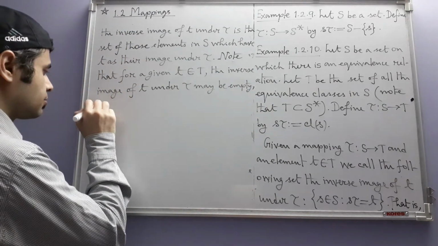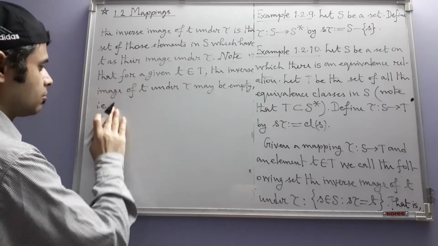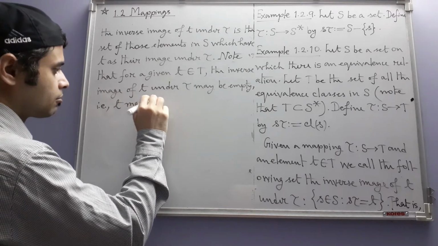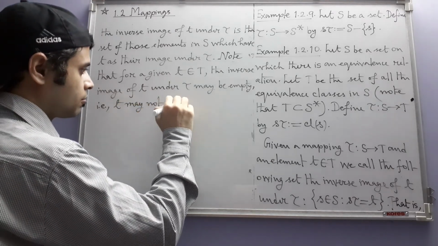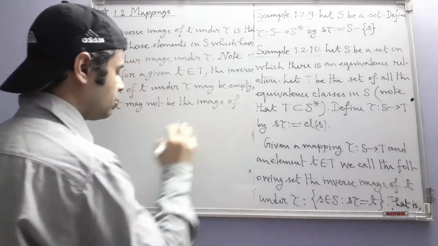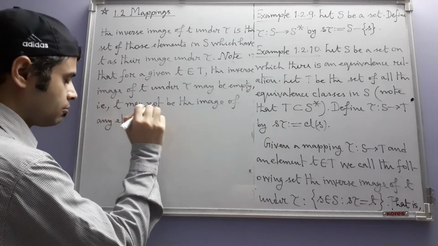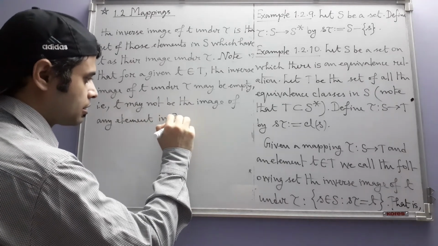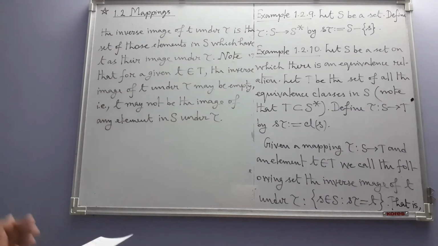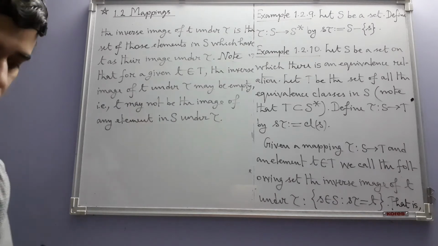That is, t may not be the image of any element in S under tau. This may happen. In fact, we can give an example, but let me first put, I think I am running out of ink.